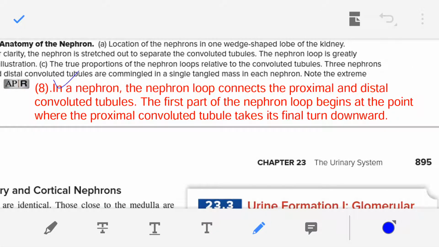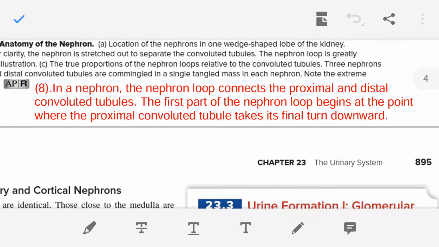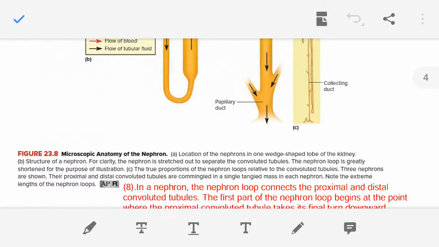In a nephron, the nephron loop connects the proximal and distal convoluted tubule. Once again, nephron. In other words, between PCT and DCT, the nephron loop is present. Simply, we can say like that.